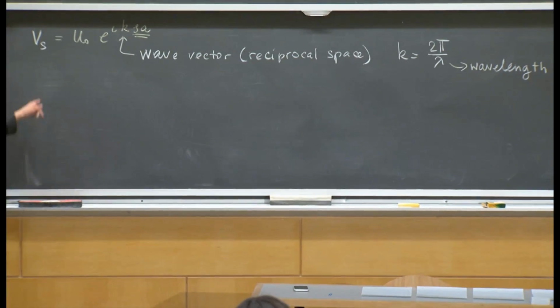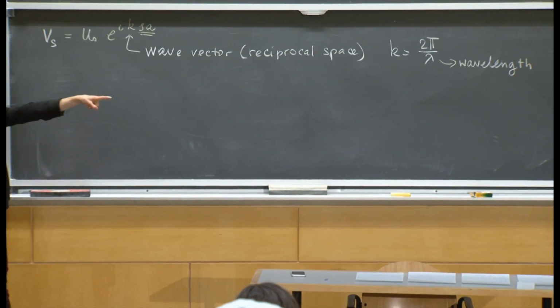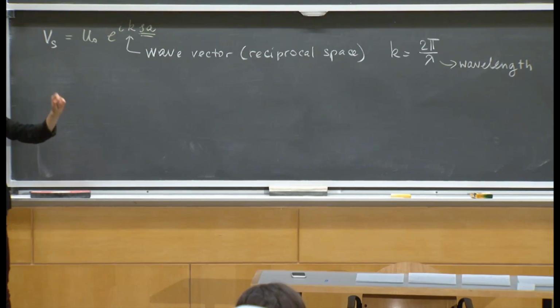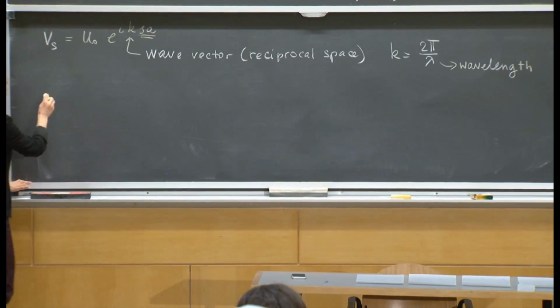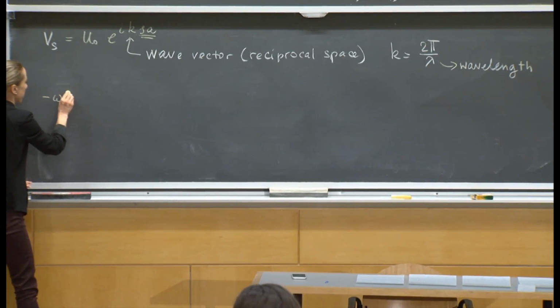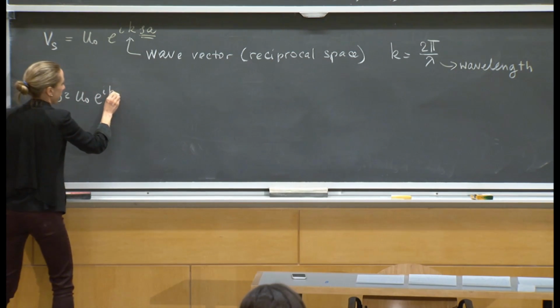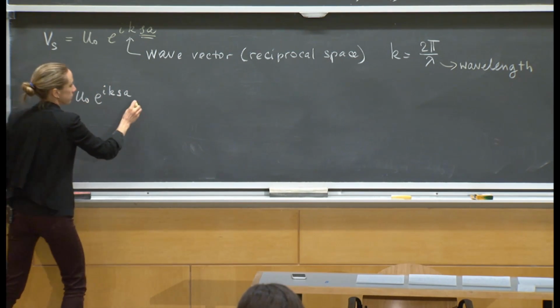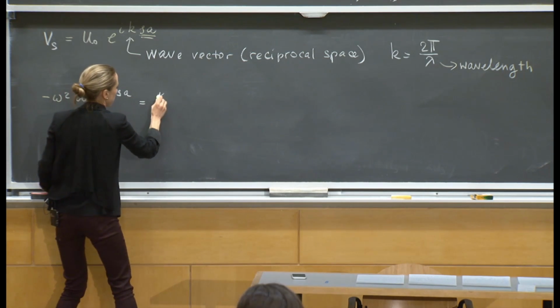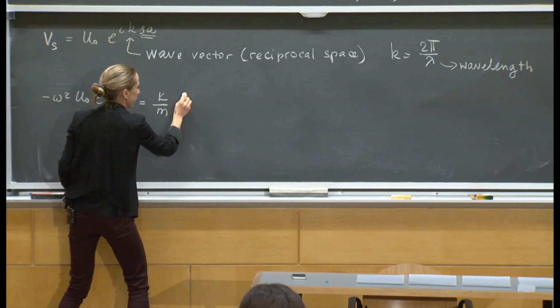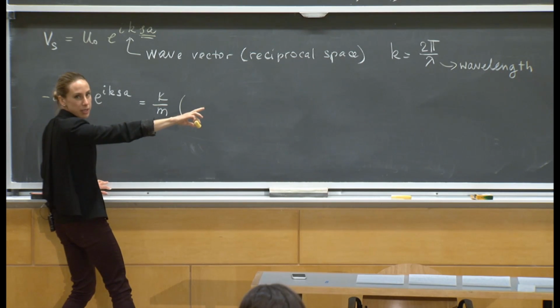Okay, now we take this, substitute it into our equation, and see what comes out in terms of k. So we have minus omega squared u naught e to the i k s a is equal to k over m. Now we have v that is s plus 1.